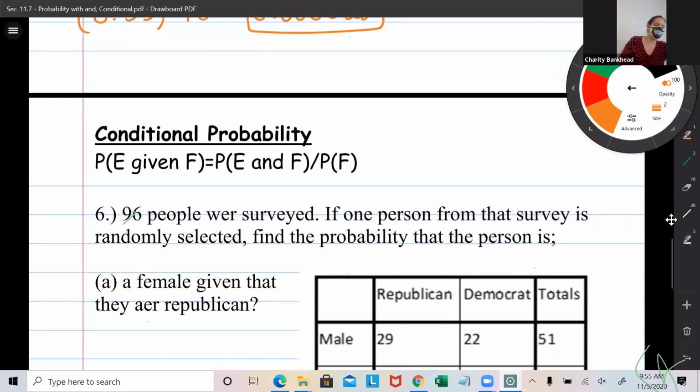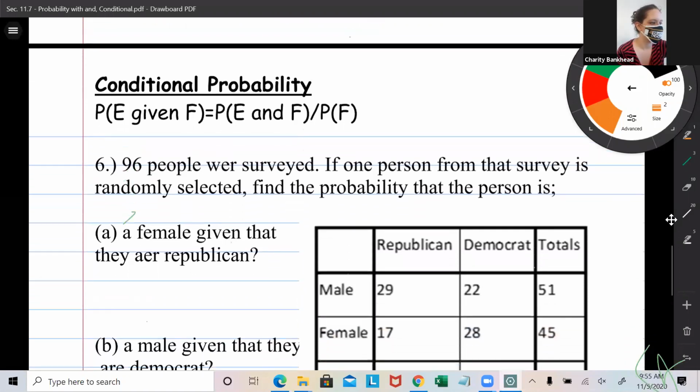And so one way to calculate the probability of E given F, it's the probability of E and F divided by the probability of F. Or it could be the number of ways that E and F occur divided by the number of ways just F occurs, or the given.